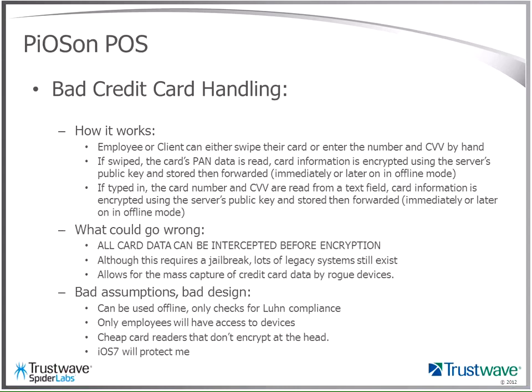The other part was they actually had, and this was their first bad choice, they chose to go cheap. They chose to get a card reader, and I won't identify the brand. They chose a card reader that was really, really cheap and was fully capable of encrypting at the head. But after they chose the card reader, they discovered that in order to make it encrypt, you actually had to take it out and put it into an HSM.